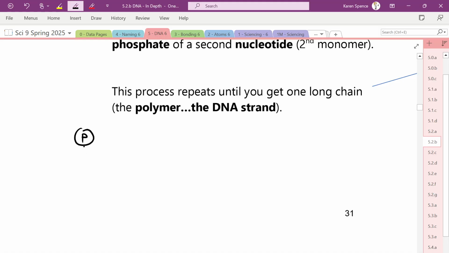Go straight down from it and draw a pentagon. That's your sugar. What sticks out the side of the sugar? Base.